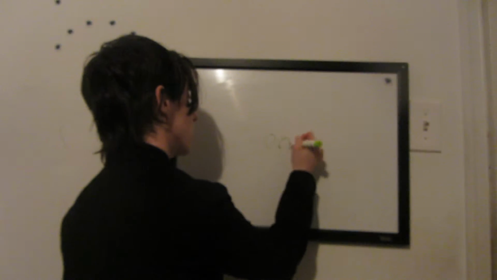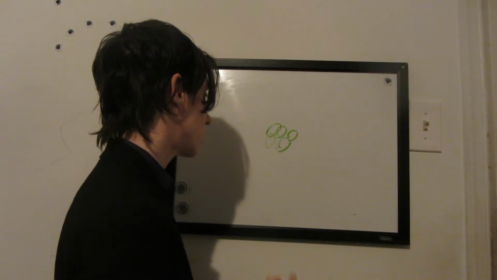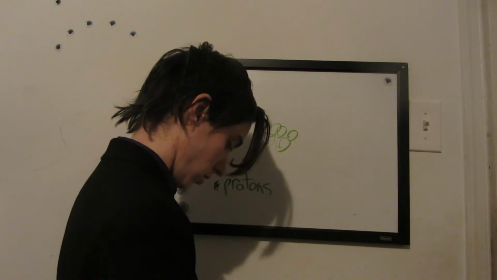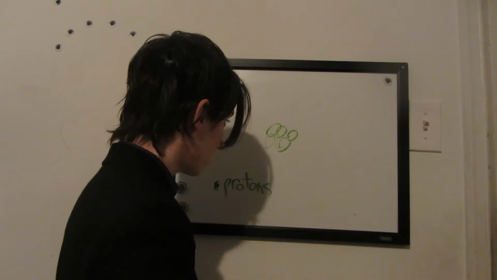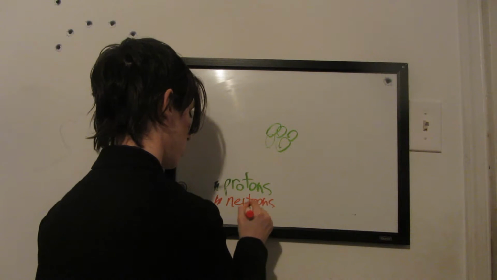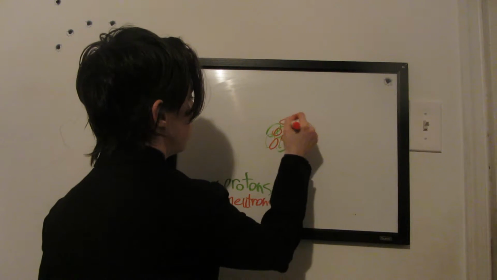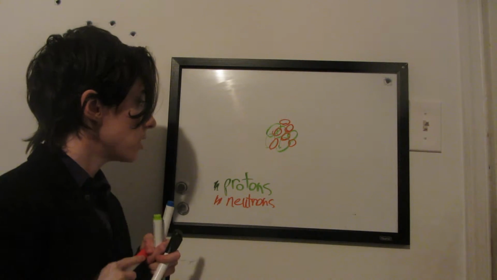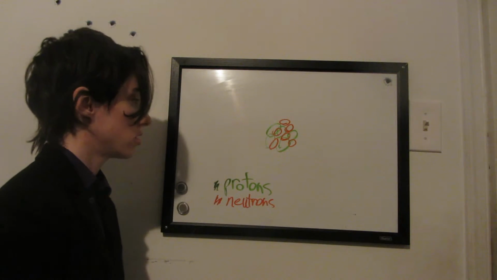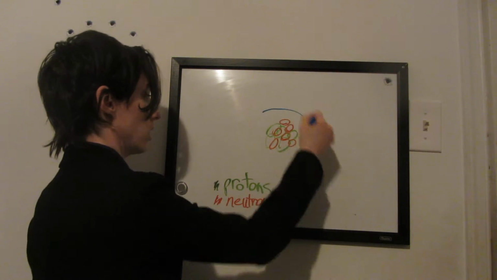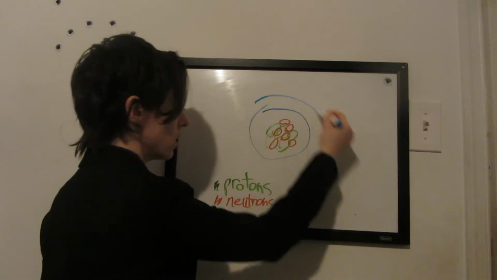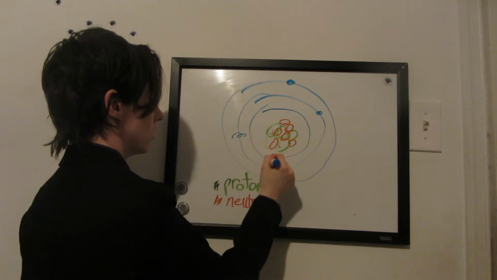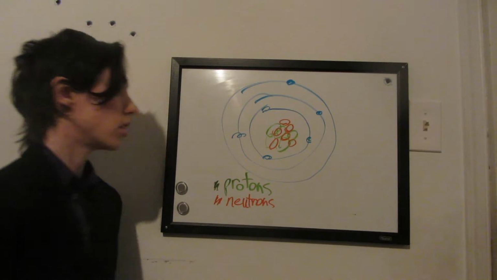So, the nucleus is made of protons and neutrons, which for the most part stays the same. And of course, there are a variety of different levels, again, oversimplification, of electrons in shells outside, floating in their corresponding sublevel.